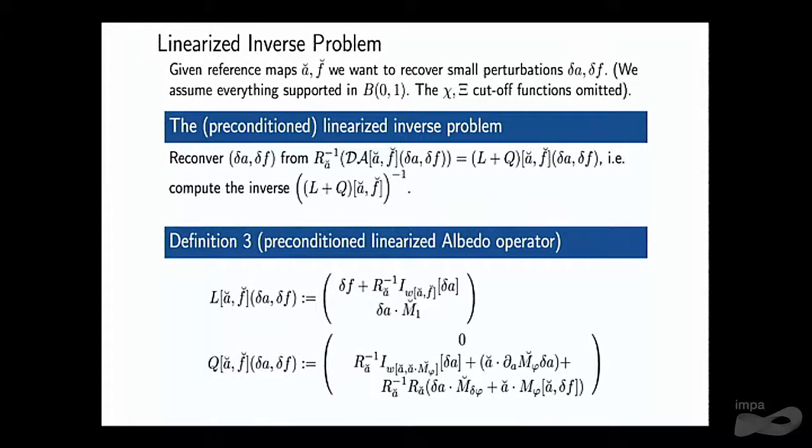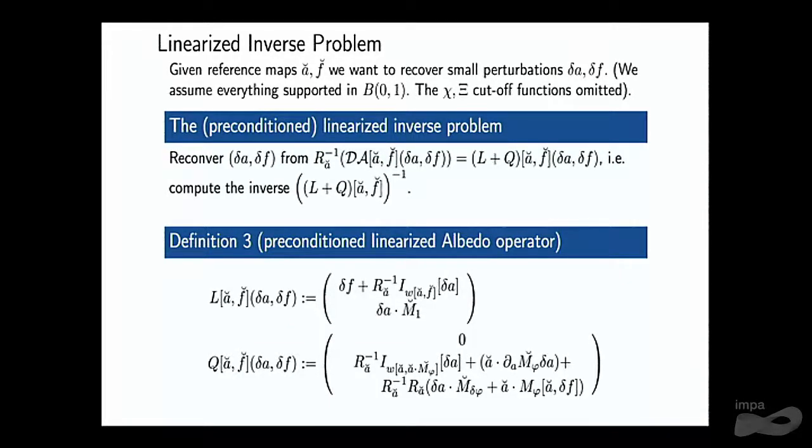And why is this part invertible? In general, if you have these two measurements, you can take the second measurement, divide by this M1, obtain delta A, and with this attenuation delta A, you can compute the source delta F. So this is a triangular operator, since the second component depends only on delta A, and the first component depends on delta A and delta F. So you can solve the second equation and then replace in the first and obtain delta F. So it's easily invertible.